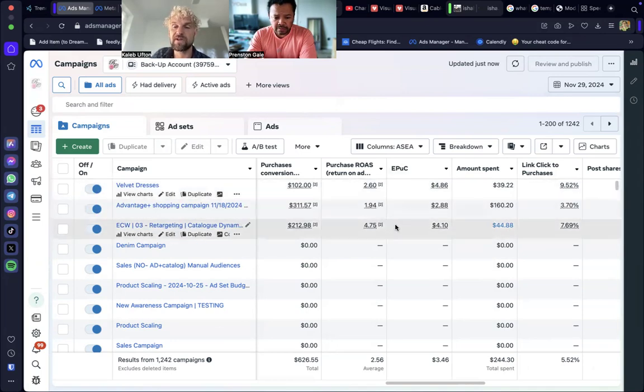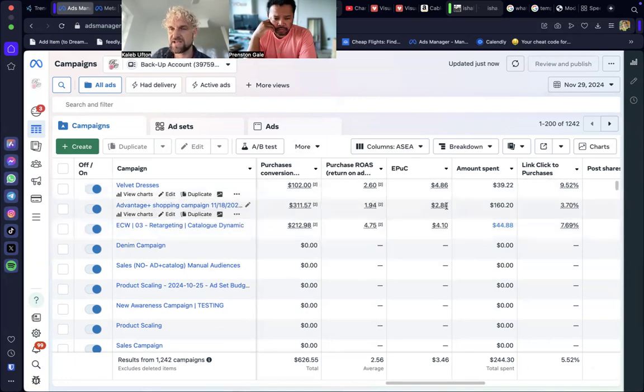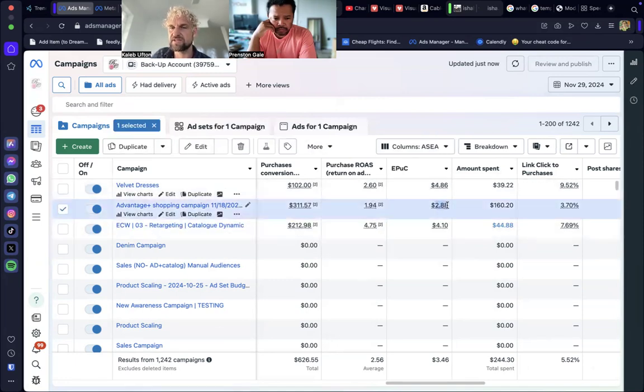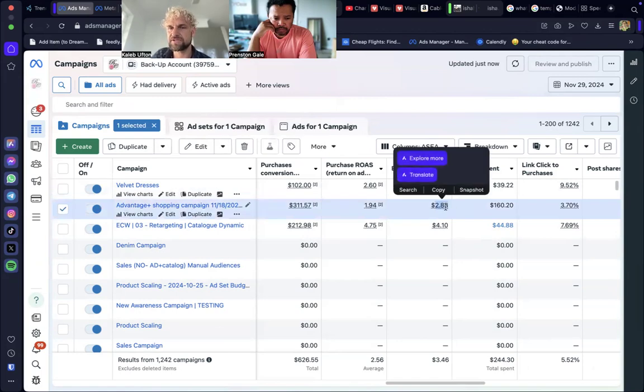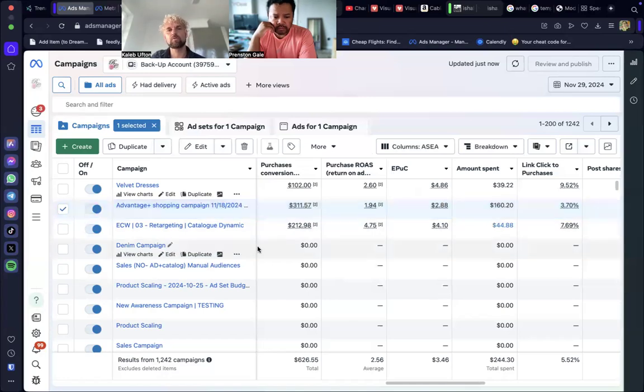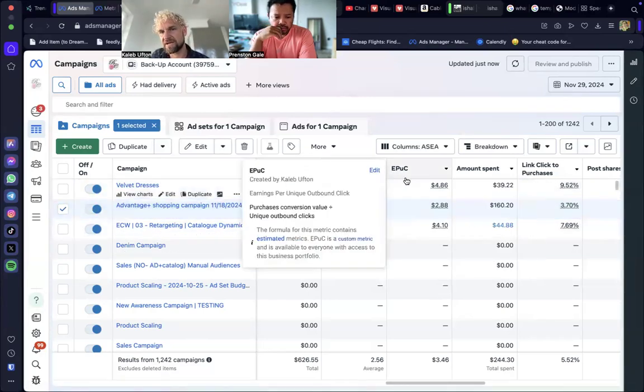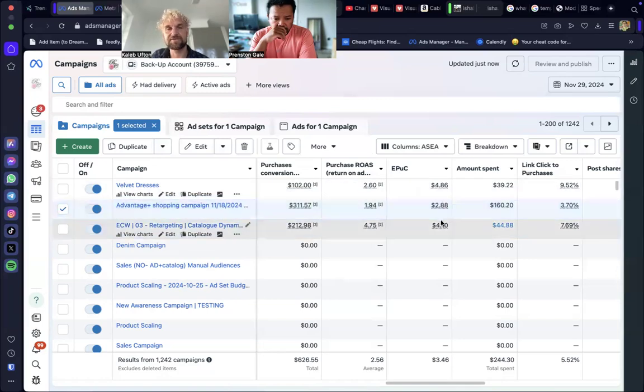Now, one thing that we found with this particular account is that an EPC above about $2.50 is manageable. It's healthy, and above $3 is pretty much like we're in happy territory. So right away, we can see the next day, things started to come right.